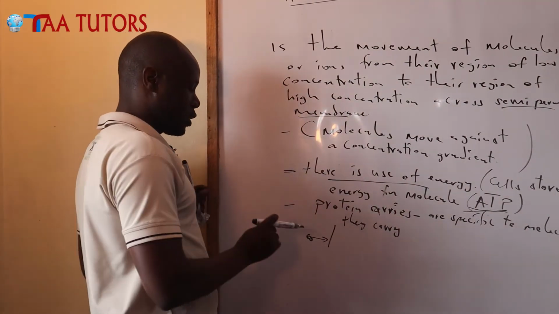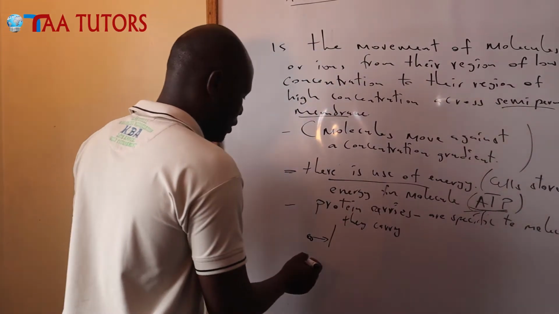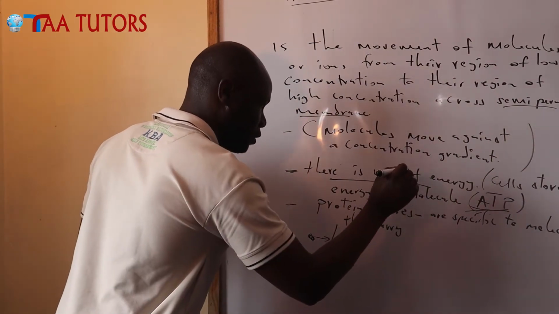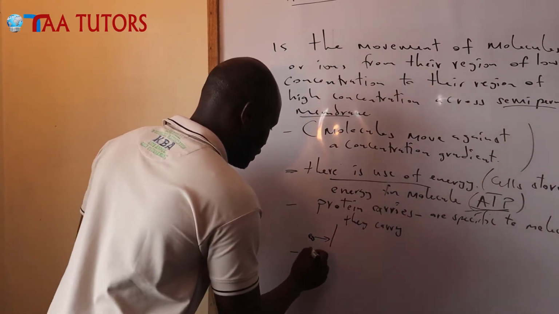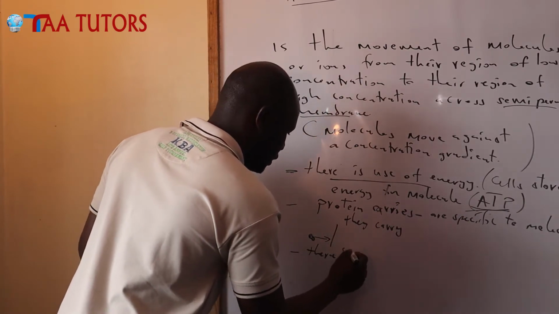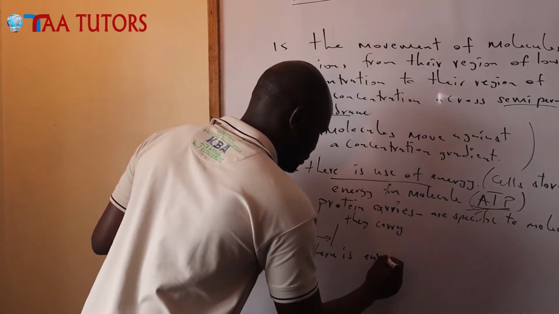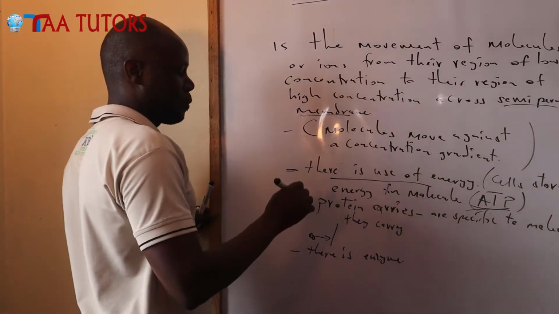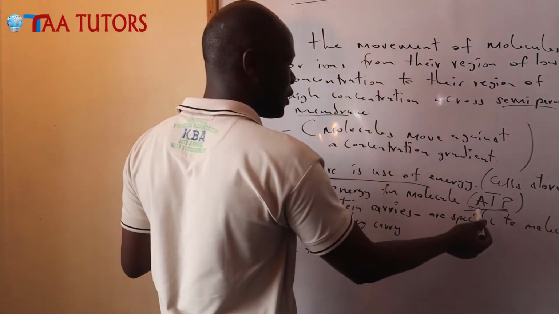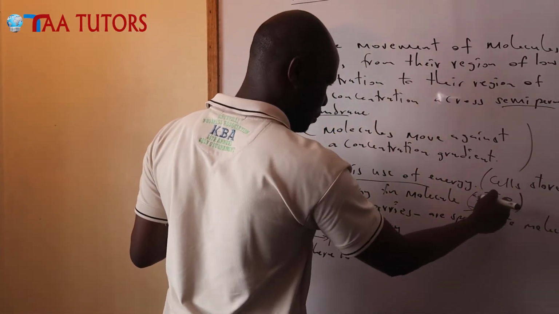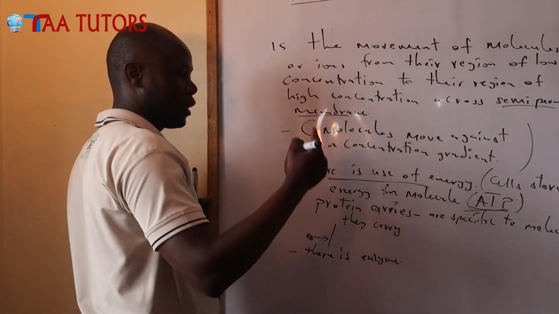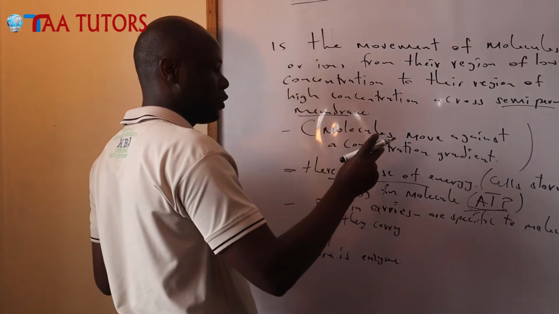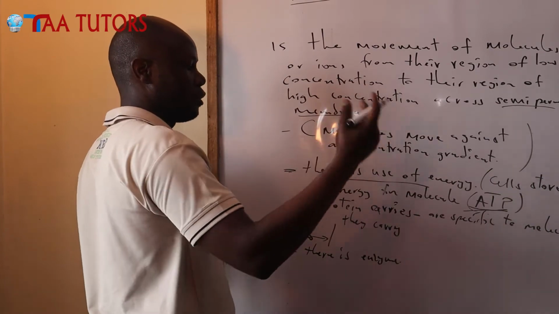Now, I have just said that for this to happen, we need on the surface of the cell an enzyme. This enzyme facilitates the breakdown of ATP so that it can give us energy. It will break it down into two molecules, and then energy will be given out.